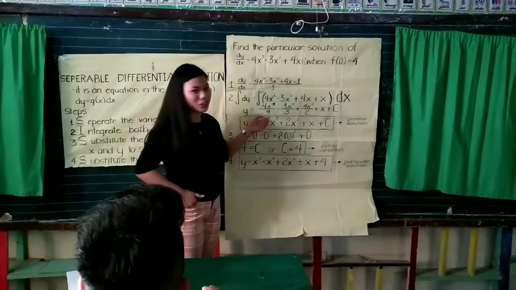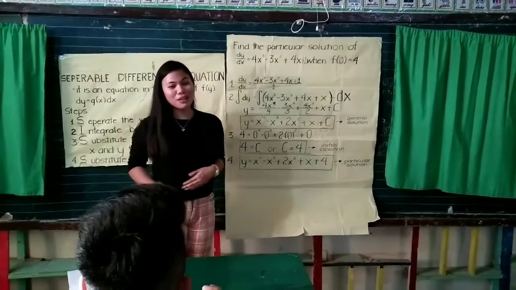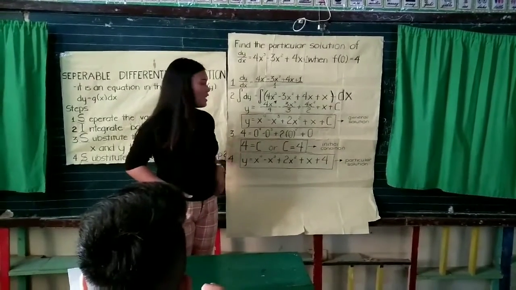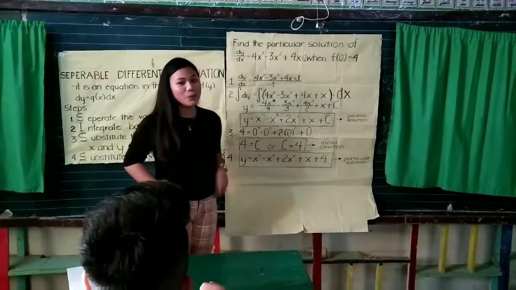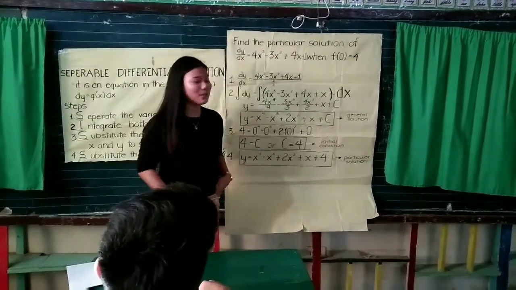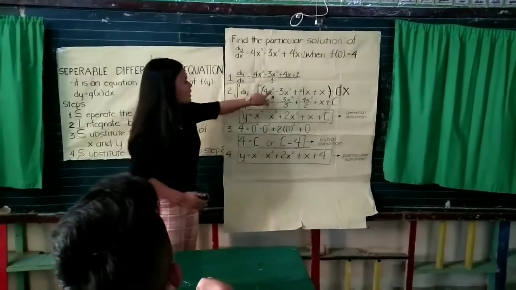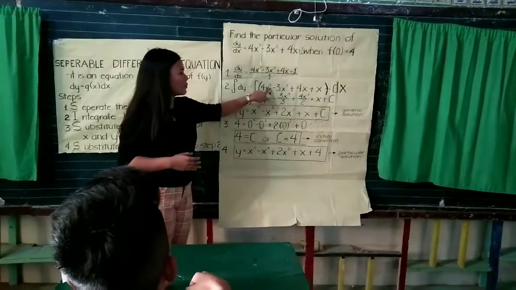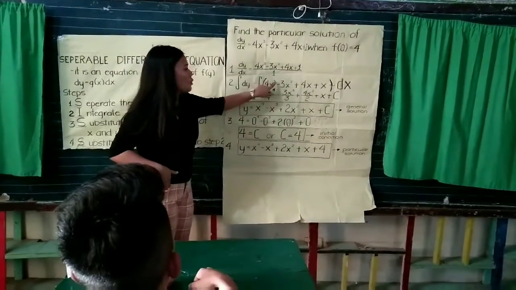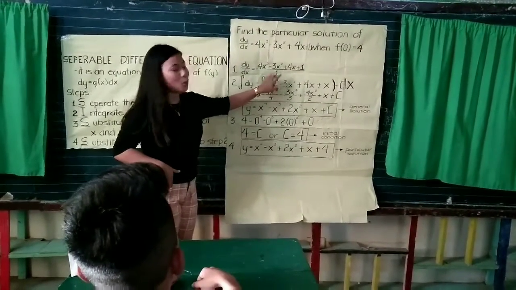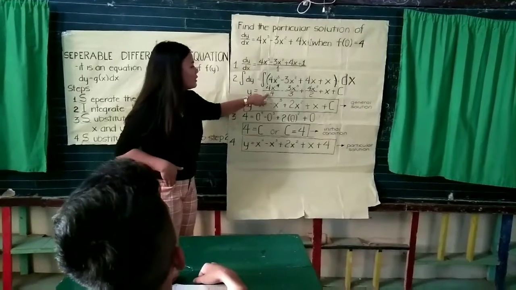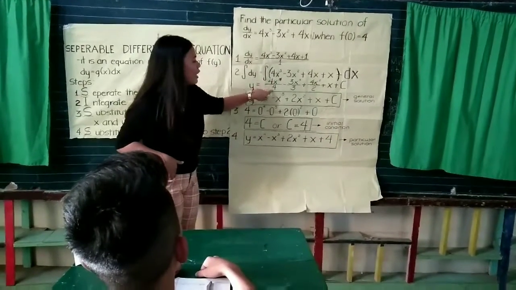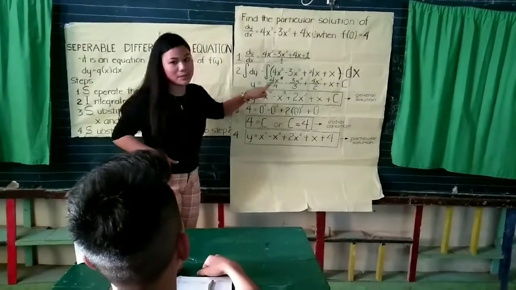We got this equation because the formula of the integral is u raised to n plus 1 over n plus 1. Since 3 is the power of 4x cubed, we are going to add 1, so 3 plus 1, and that will give us 4 as the denominator.